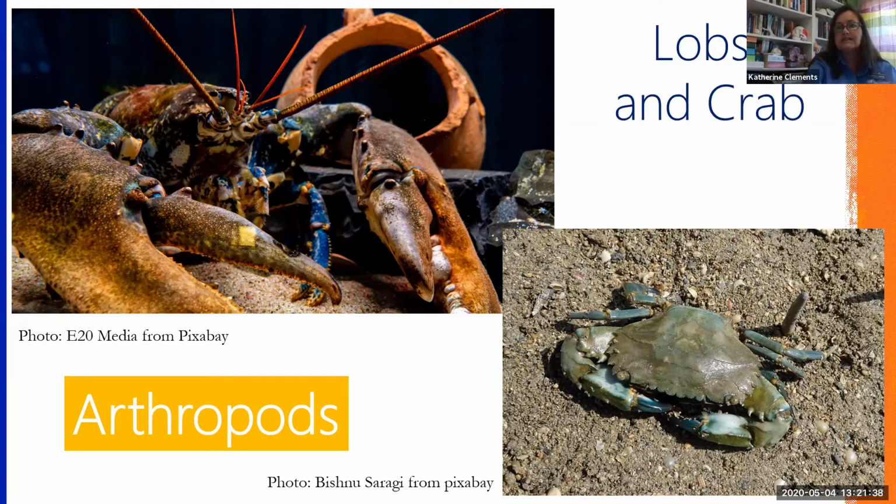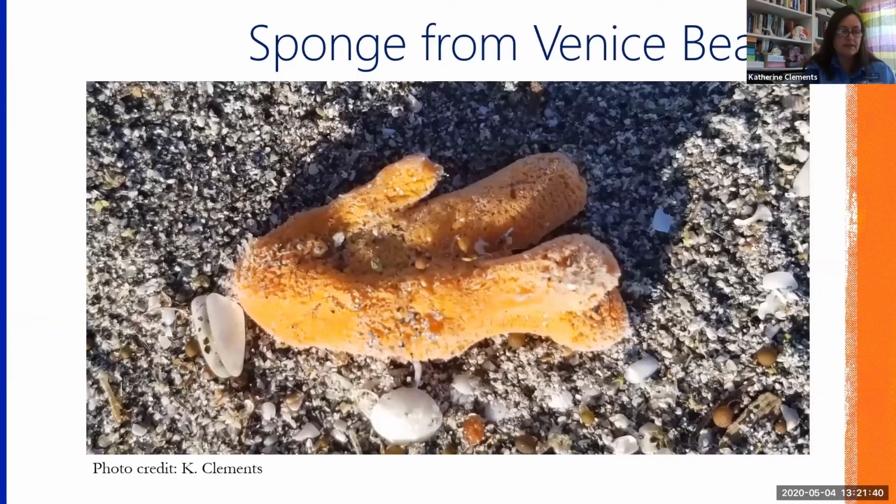So look at this. This is a sponge from Venice Beach right here in Sarasota County. And look, there's no symmetry. You can't draw a line through the sponge and get two equal sides. You can't draw a circle around it and divide it into equal pieces of a pie.